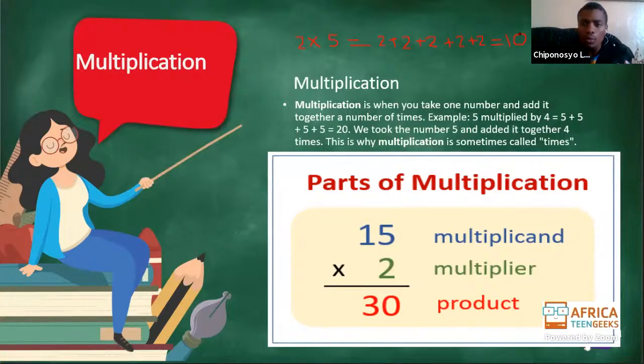All you're doing is plus 2. So 2 plus 2 gives me 4, plus 2 gives me 6, plus 2 gives me 8, plus 2 gives me 10, plus 2 gives me 12, plus 2 gives me 14, plus 2 gives me 16, plus 2 gives me 18, plus 2 gives me 20. That's multiples. So it all works together.